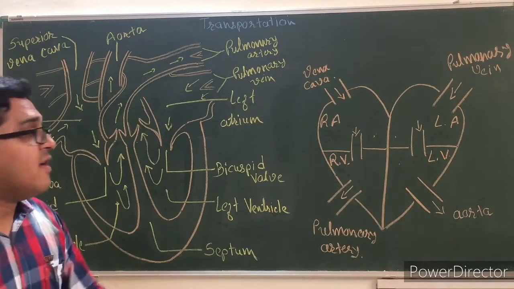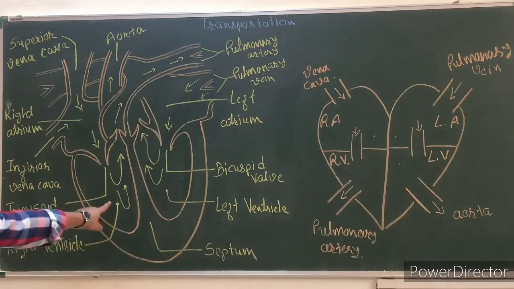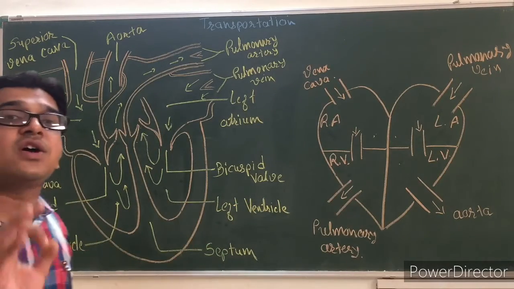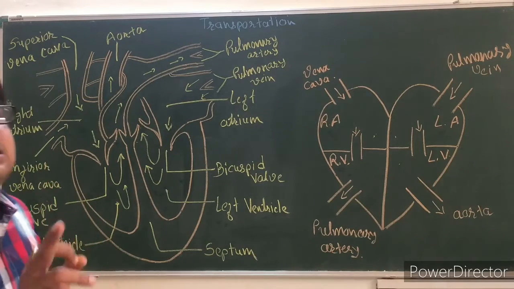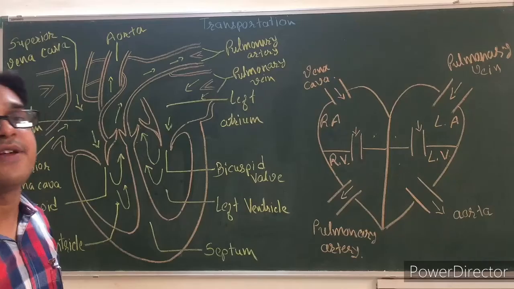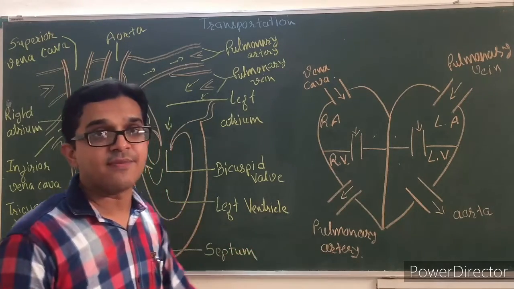Now, from the right ventricle, the deoxygenated blood enters the lungs for the purification process through the pulmonary artery.